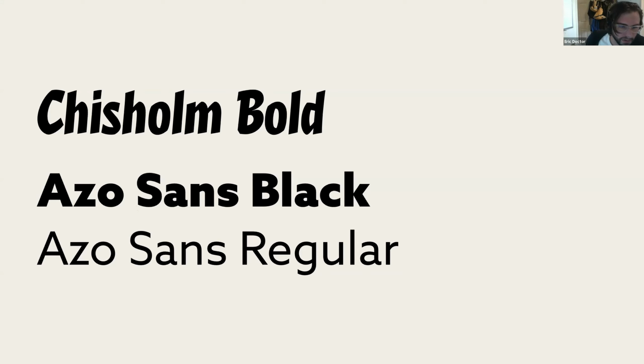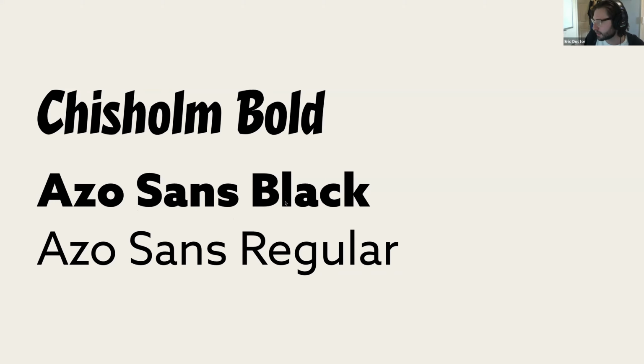And the reason I picked Azo was because it kind of feels like if you take Chisholm and turn it into a monolinear sans serif. You can see that in the branching of the N in particular. If you look at the N in Sans and the H's and M's in Chisholm, it has that angular branching as opposed to soft branching.